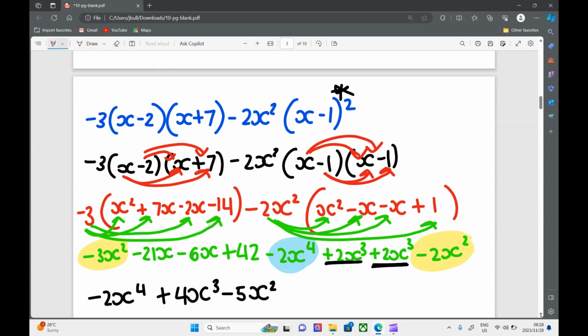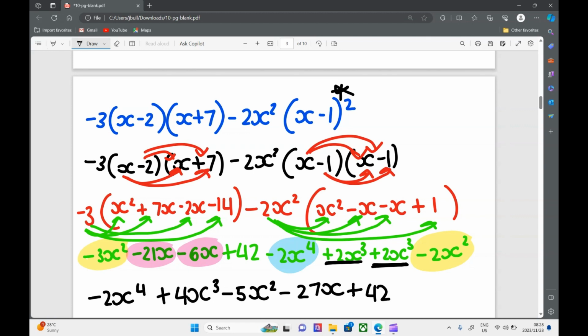I've got negative 21x, negative 6x. Yep, that is all my x's. So minus 21 minus another 6 is minus 27x. And then finally, I've got just this 42 left over, so I can just add that on at the end.